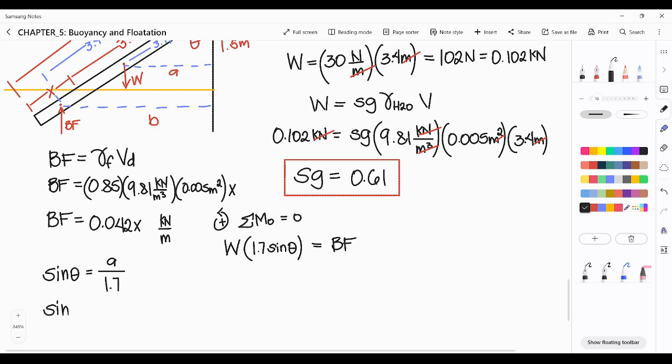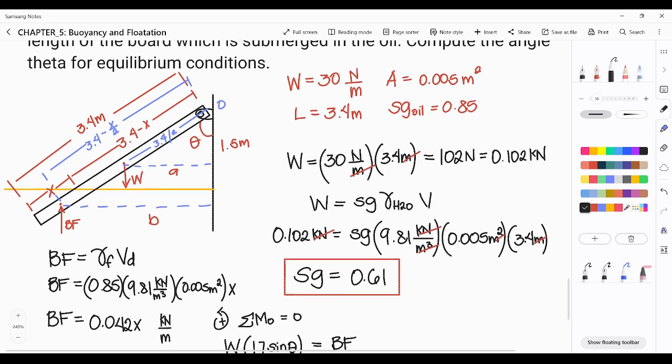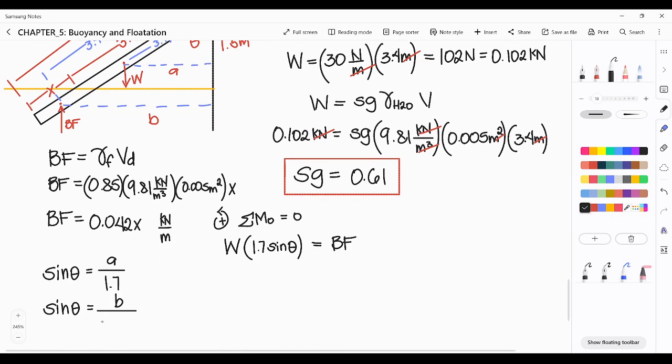Sine of theta is equal to the length B, the opposite side, over 3.4 minus x over 2. So, ang kailangan natin is length B.